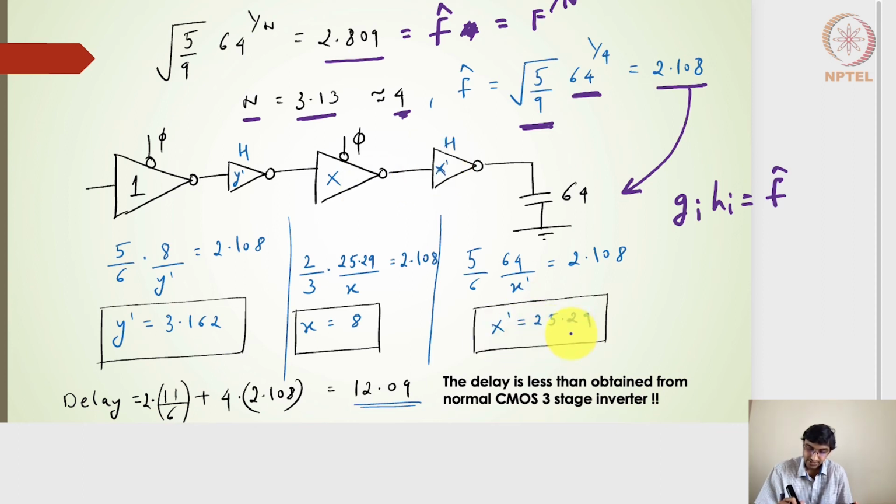So that is the size I have taken here. X dash turns out to be 25.29, and this is the gate size, or basically the input capacitance for this particular regular inverter, which is a high skew inverter, all right?